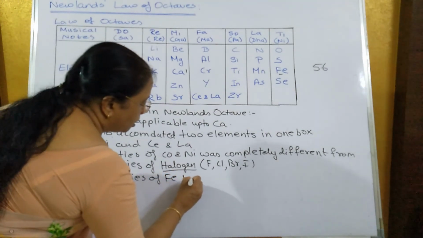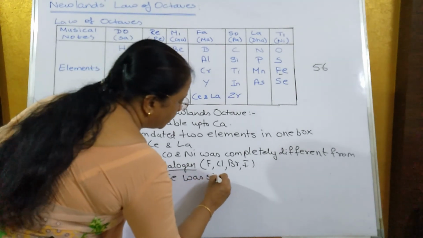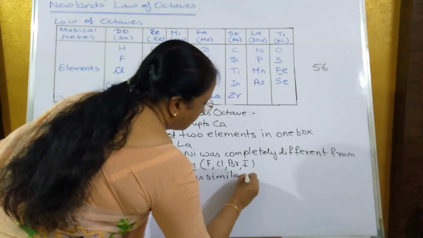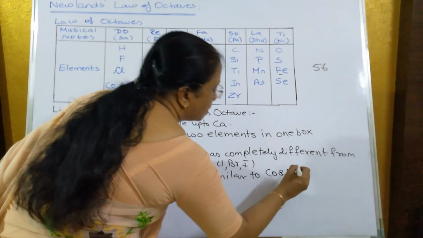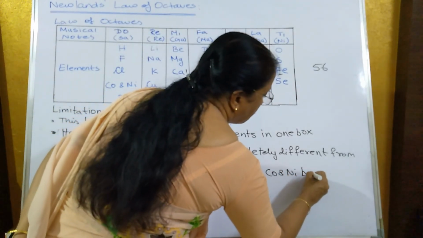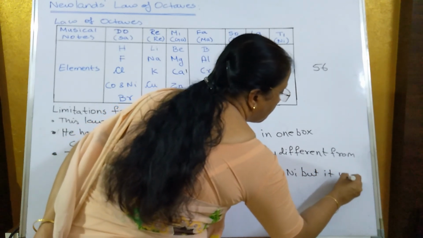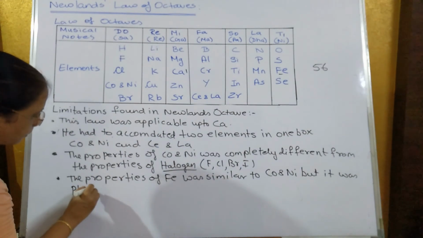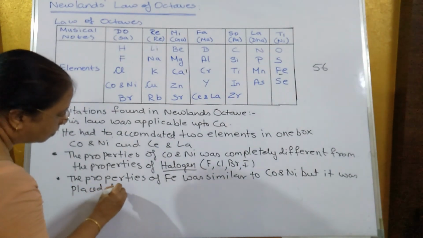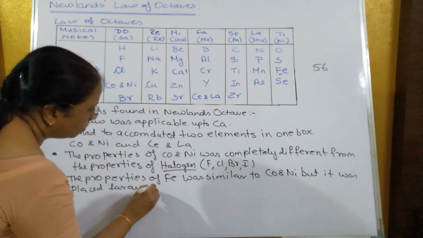And iron, the properties of iron, was similar to cobalt and nickel, but it was placed far away from cobalt and nickel.